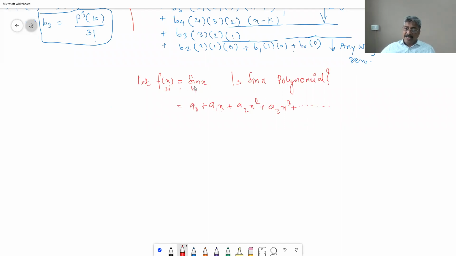So maybe I will not say that we will write sin x as a polynomial. Maybe we will write sin x as a power series. And I have a choice where to stop in this power series and convert it into a polynomial and say that I am okay with this. Whatever accuracy I am getting is fine with me.